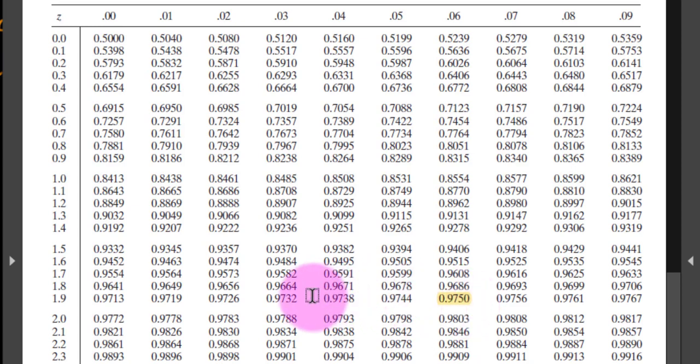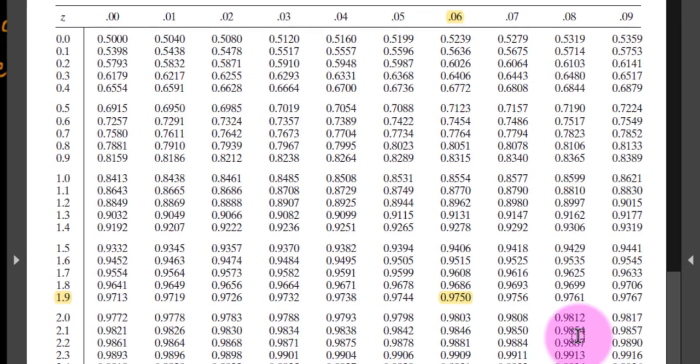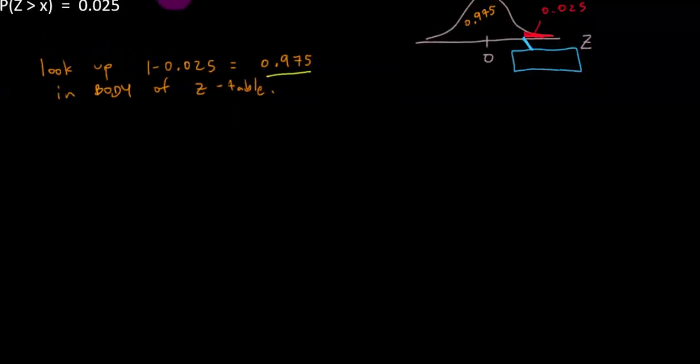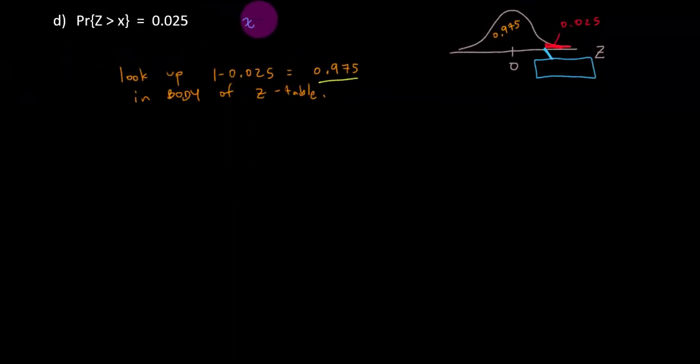So it is in the row 1.9 and in the column that says 0.06. 1.96 is our solution. Let's type that in. X equals 1.96. Awesome.